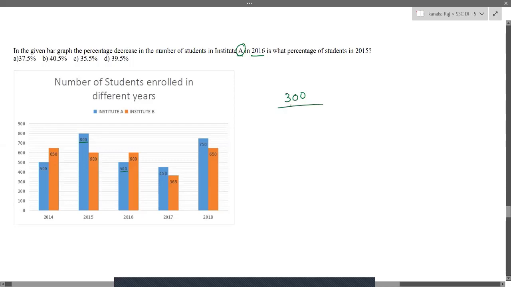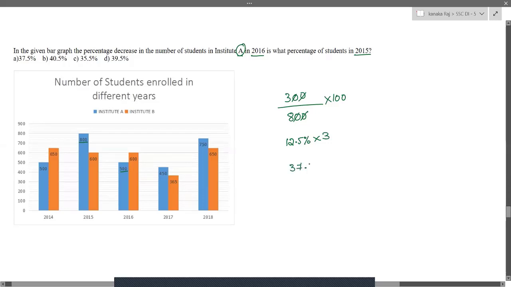So change in value is 300 divided by, to what are we comparing? We are comparing it to the students in the year 2015. That is 300 divided by 800 into 100. Now two zeros get cancelled. What is this? 3 by 8 into 100. What is 1 by 8 into 100? 1 by 8 into 100 is nothing but 12.5%. So what is 12.5% into 3?